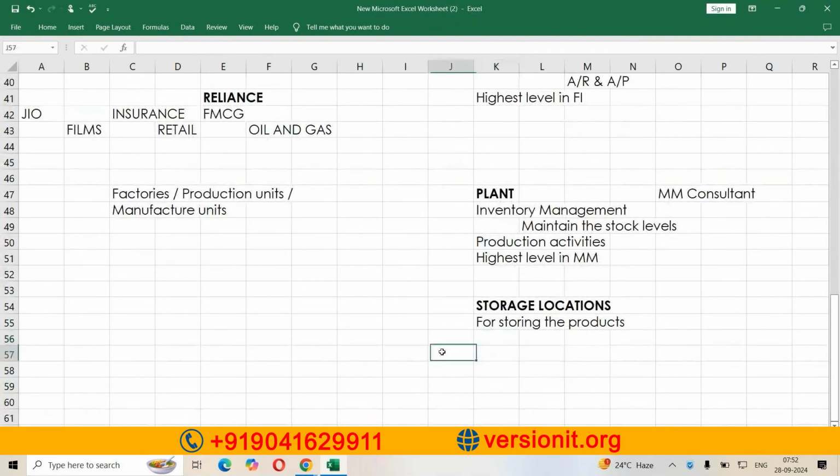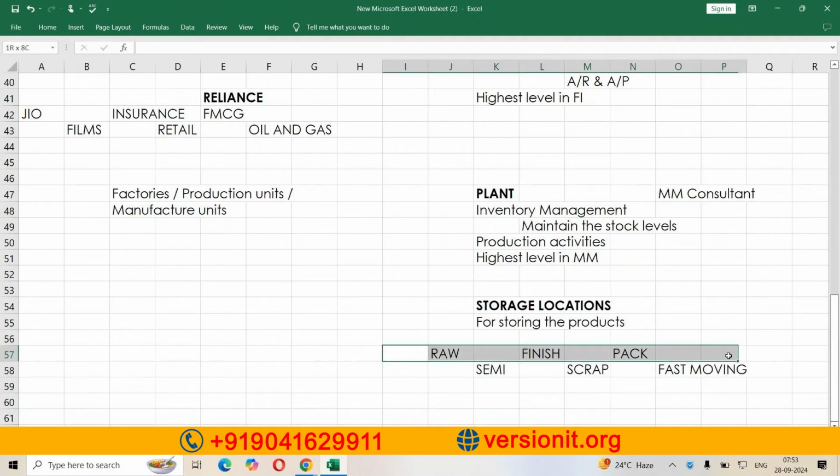There are going to be raw materials, semi-finished, finished products. Then we have scrap products, then packaging materials, fast moving products. Like this, in a plant, we can have a number of storage locations, which are used for storing different types of materials.